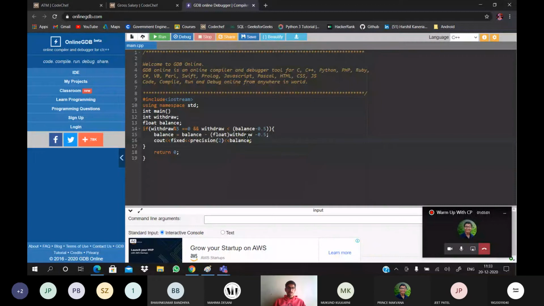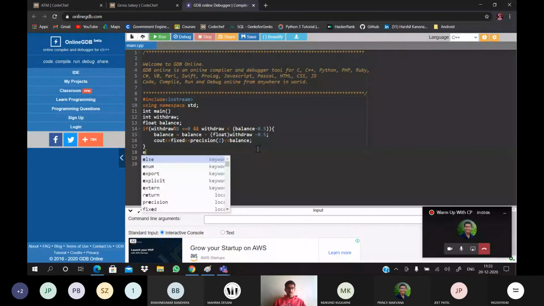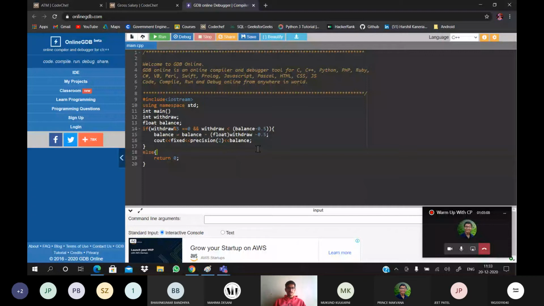Now let us go for the else condition. In the else condition, we simply write cout fixed, precision of 2 digits, and then the balance.